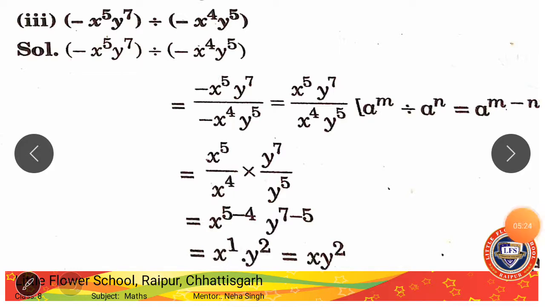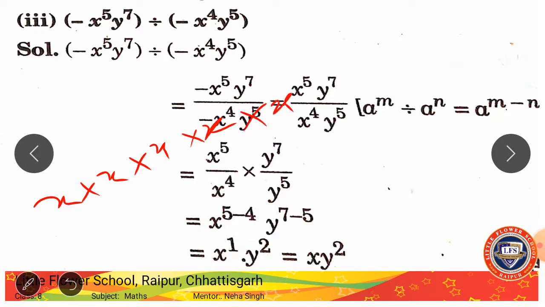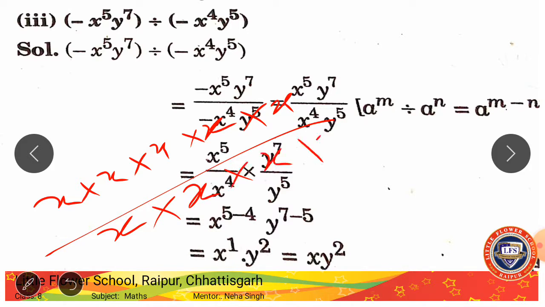Now in this question what we can do, we can use the exponent terms, or you can split and solve. Here also you can write x 5 times, and in the denominator x 4 times, and you can cancel, these x will get cancelled, only x will be left, right? Similarly for y you can solve.